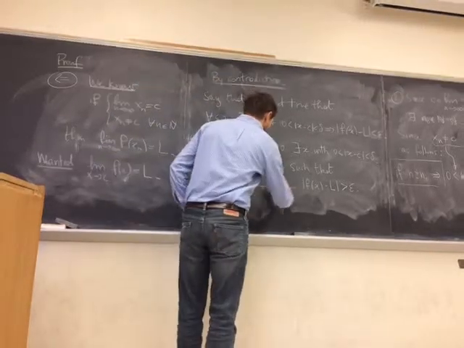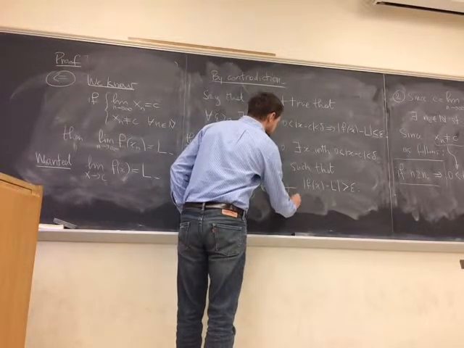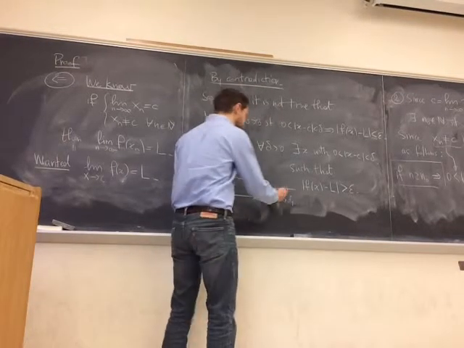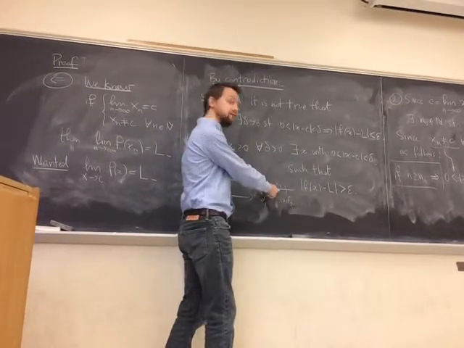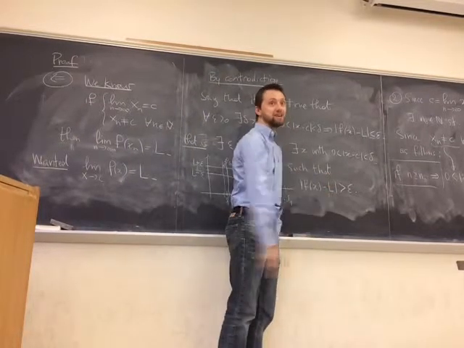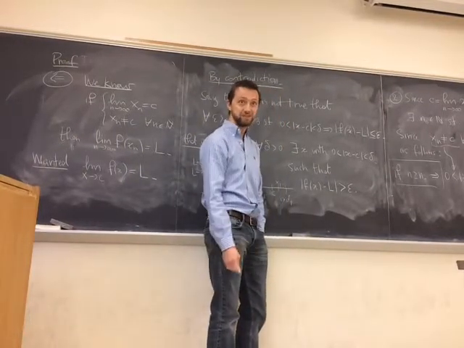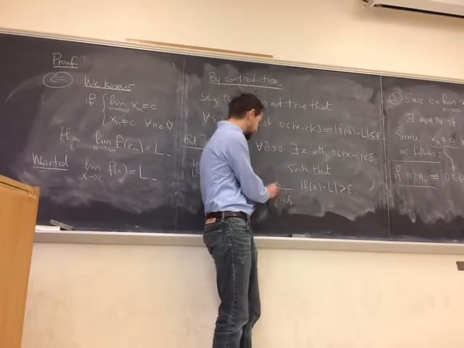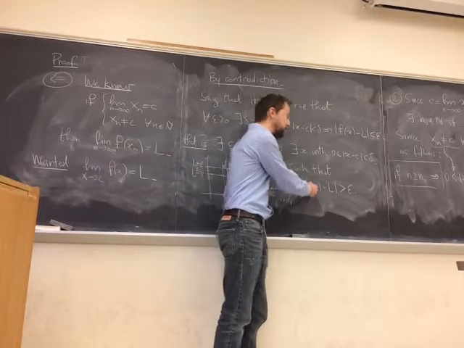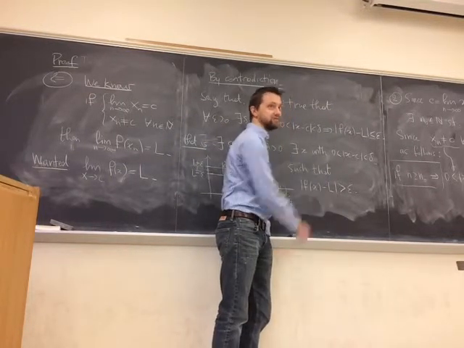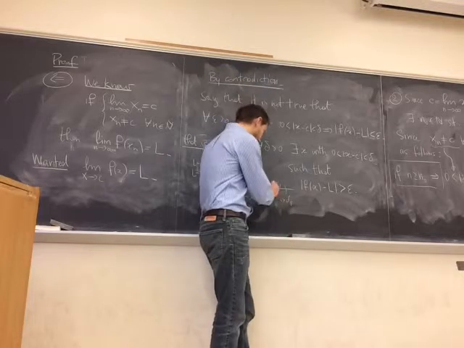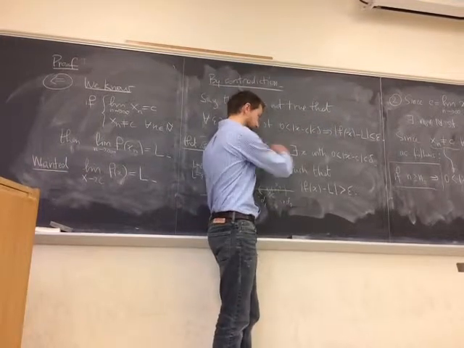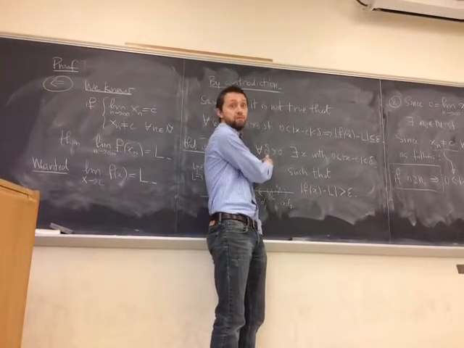Let this be C, and let this be delta 1, C minus delta 1, C plus delta 1. I can find the point x1 such that the absolute value of f of x1 minus L is larger than epsilon. Then let me pick delta 2 smaller. I can find the point x2 such that f of x2 minus L is larger than epsilon. Let me pick now delta 3 even closer to C than x2 was. By my property, I can apply it with every delta, so I apply it with delta 3.